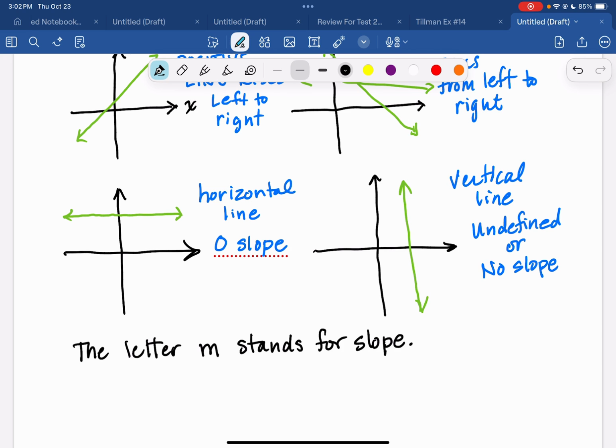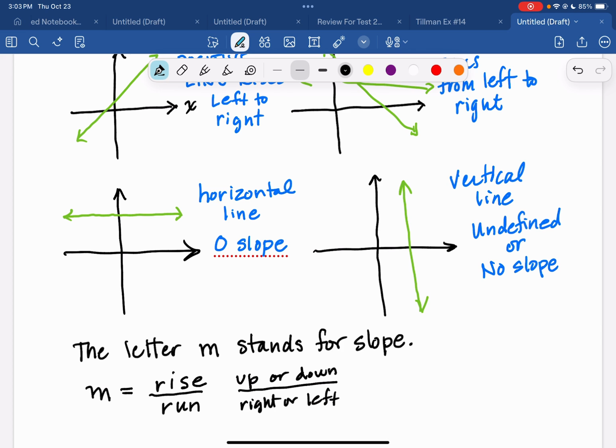Now, we define slope with words as the ratio, that's just a fraction, of the rise of a line to the run of the line. And that's how fast it goes up or down in a ratio of how fast it goes right or left.